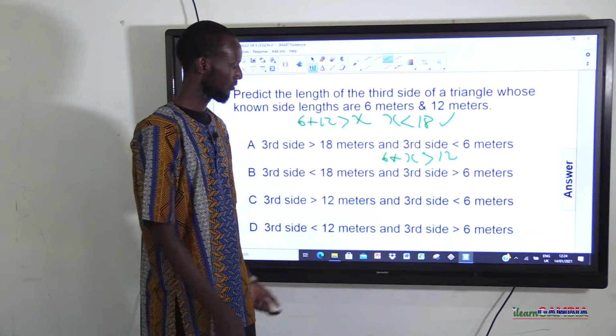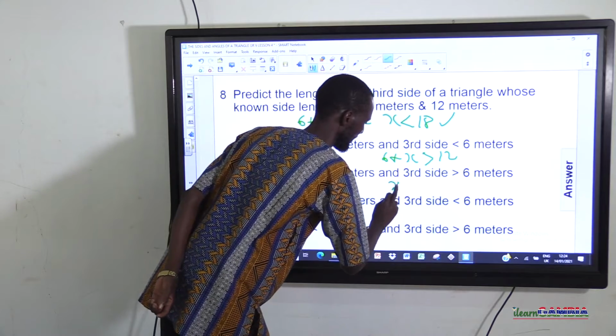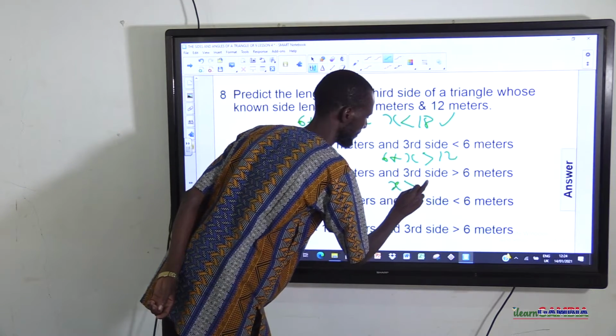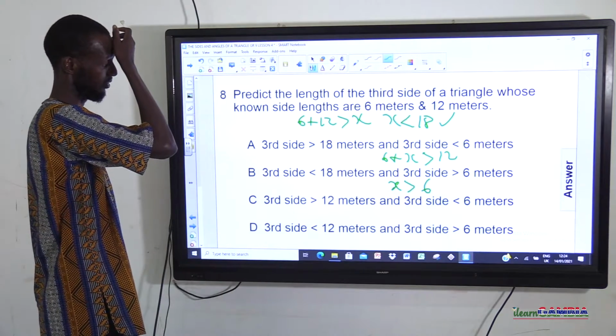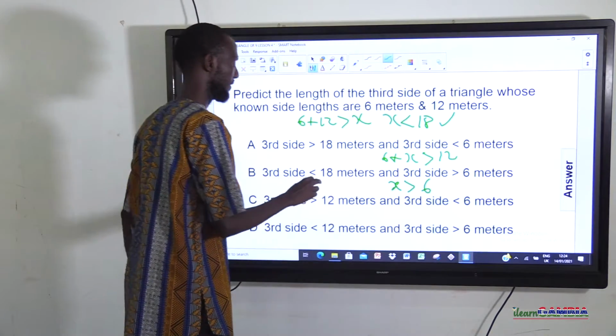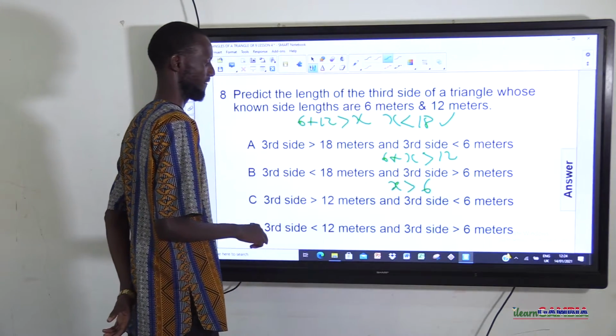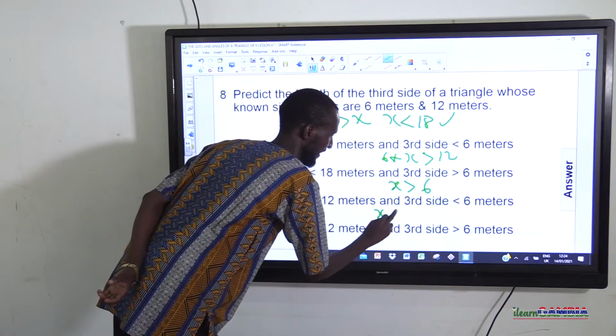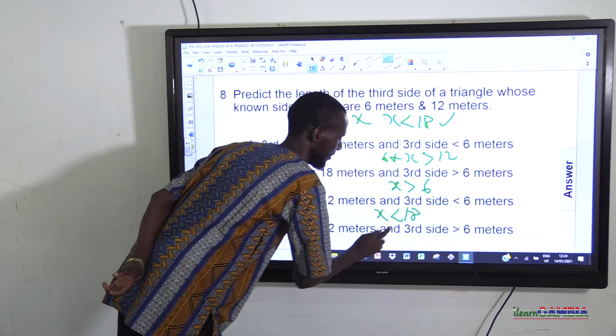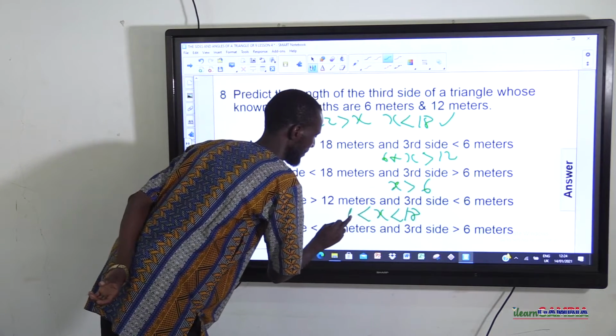All right? So we now say that x has to be greater than 6. So what does that tell us? That our third side, which I call x here, has to be less than 18, but greater than 6.